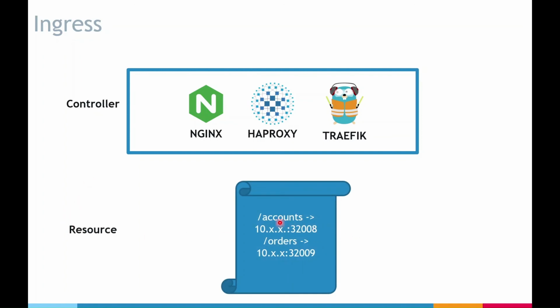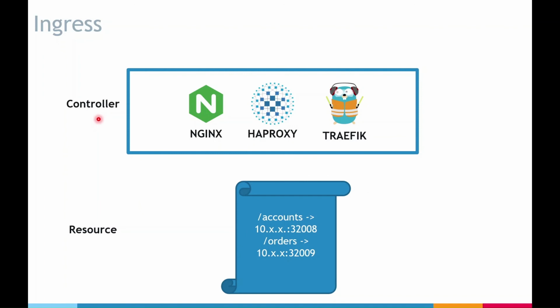Here we have rules defined, like if it is /accounts, push it to the NodePort service listening on 32008. If it's orders, push it to the NodePort service on 32009. This is handled by the ingress resource. Any configuration is done on the ingress resource, and it's then implemented by the controller. Think of it as an interface which defines the rules, and the controller is how you implement the rules.